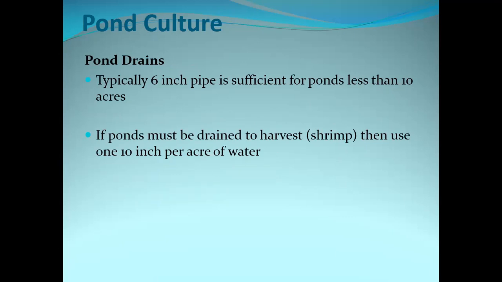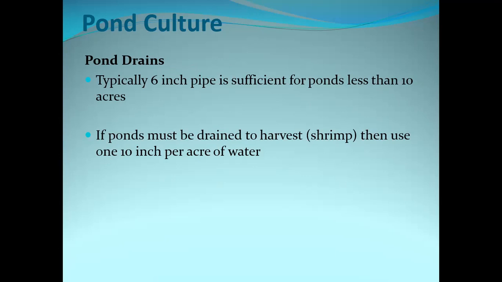Typically a 6-inch pipe is sufficient for ponds less than 10 acres. Anything more than 10 acres, you need something bigger than 6 inches or multiple 6-inch pipes, because it's a lot of volume to drain and you wouldn't get sufficient flow rate from a 6-inch pipe.